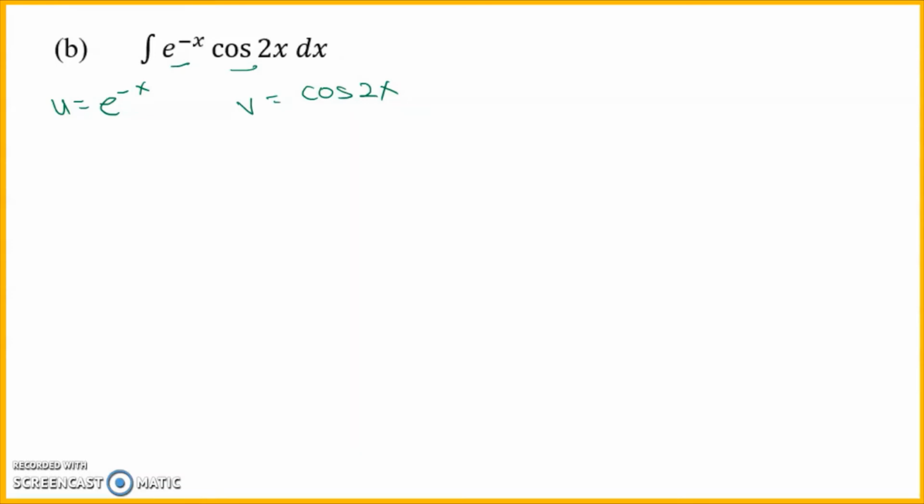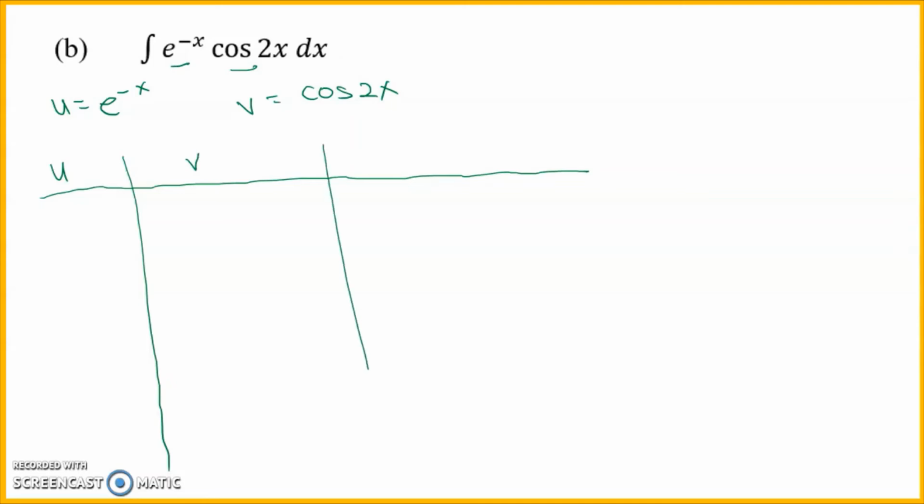It doesn't matter, because no matter which one we choose, we have no chance to differentiate it till we get 0. So now let's create the table for u, for v, then for the sign, and finally for the terms. So e to the negative x, and this is cos 2x.